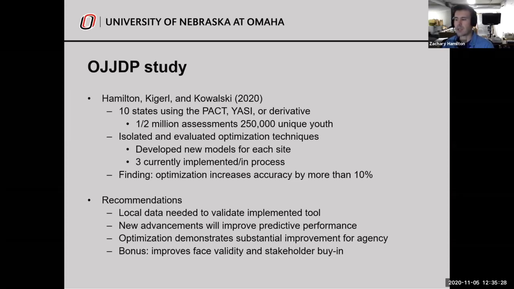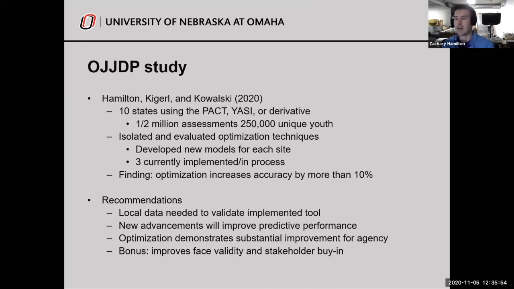And so what optimization does is it demonstrates that you can substantially improve your risk assessment's accuracy by tweaking and really ratcheting up how accurate you are with those particular elements. And the bonus is that you're actually able to create an iterative environment with your risk assessment in which the stakeholders on the ground take ownership within that risk assessment.